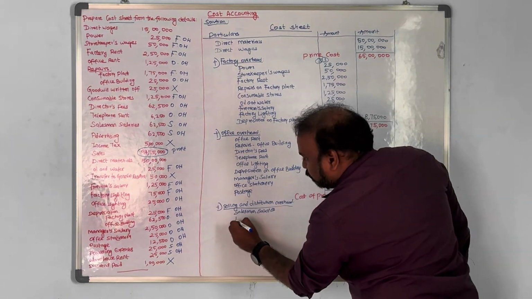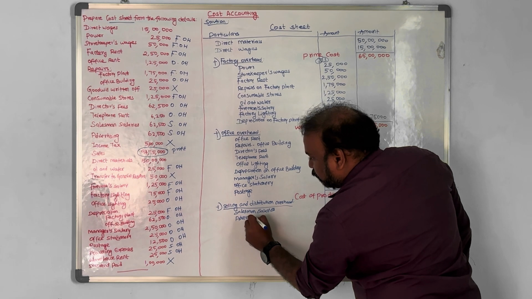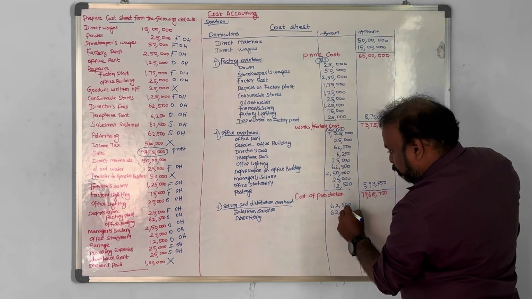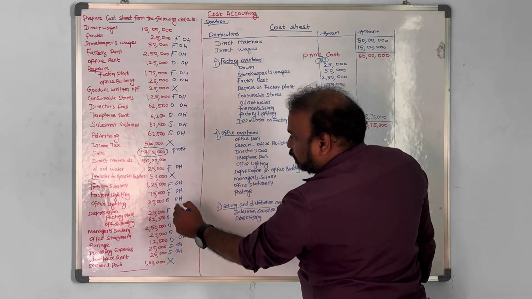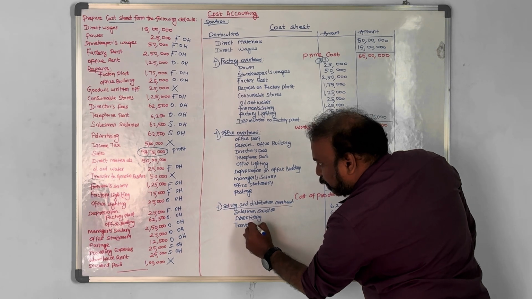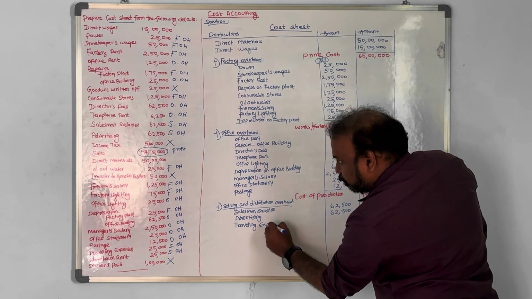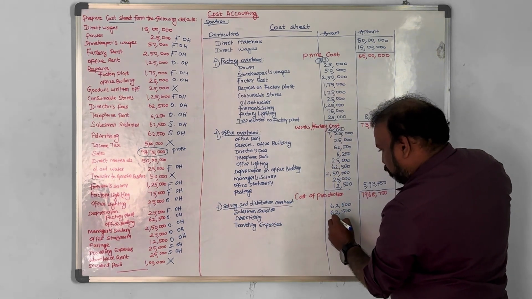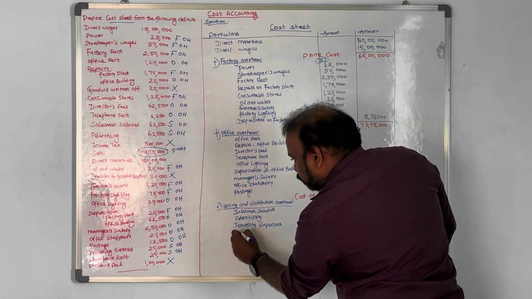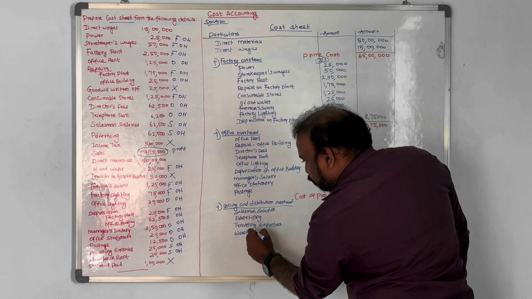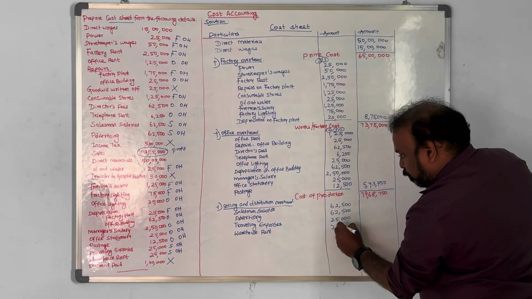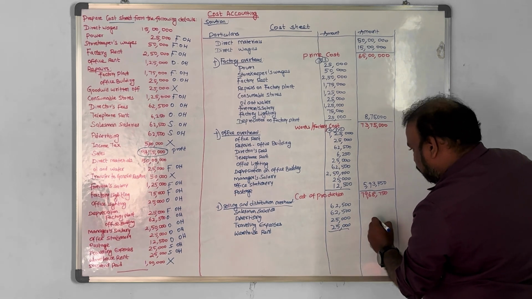Then advertising also 62,500. Then traveling expenses 25,000. Then warehouse rent 25,000. Then add, and you will get selling overhead.